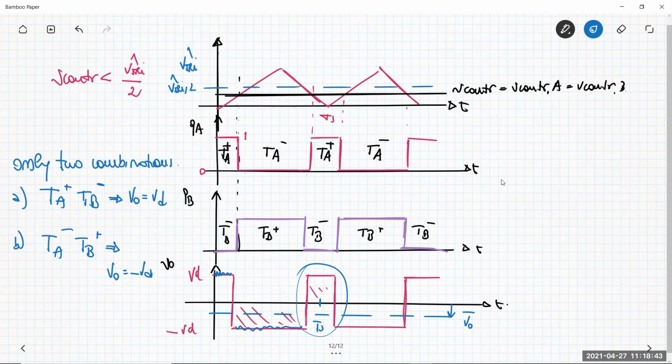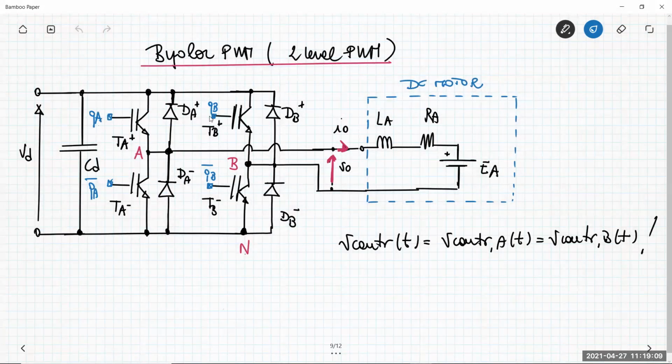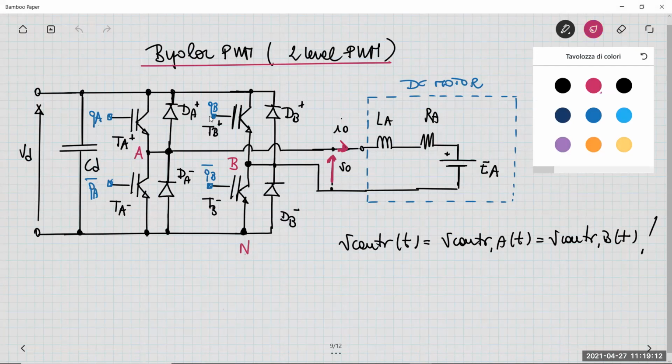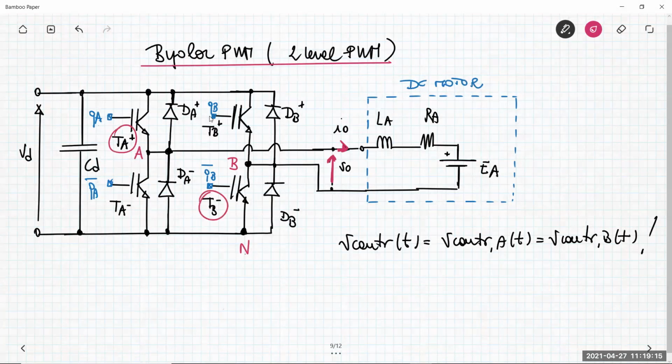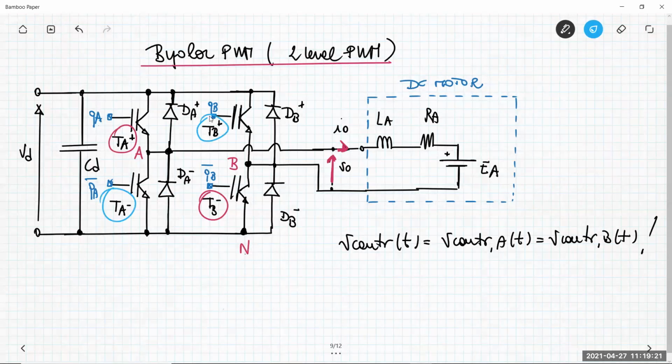If you compare this situation with the previous one, the unipolar pulse width modulator, there we have Ta plus and Tb minus, Ta minus and Tb minus, Ta plus and Tb plus, and Ta minus and Tb plus. So we have four switch combinations. Now we have just two. Basically here, in this bipolar circuit, the two transistors connected in this way, Ta plus and Tb minus, and also Tb plus and Ta minus, are always commanded to be on or off simultaneously.